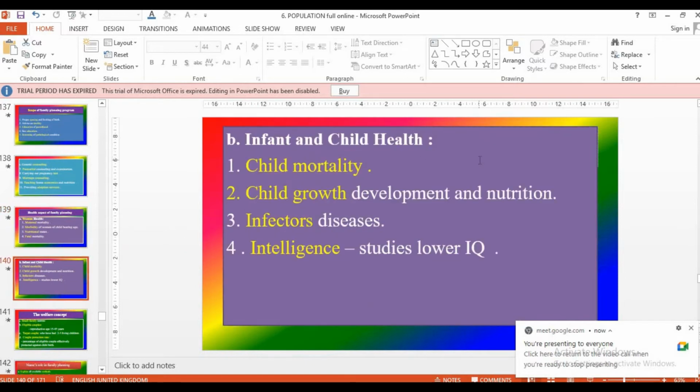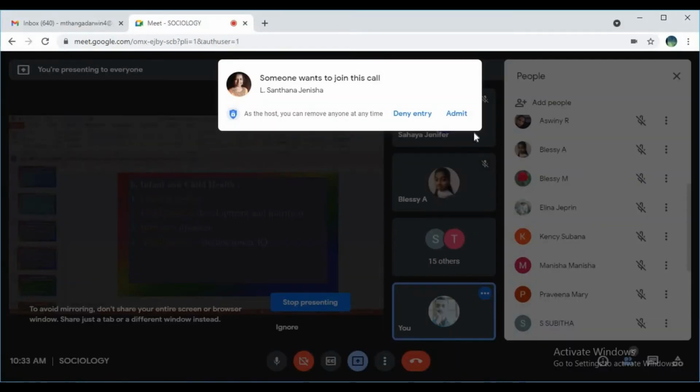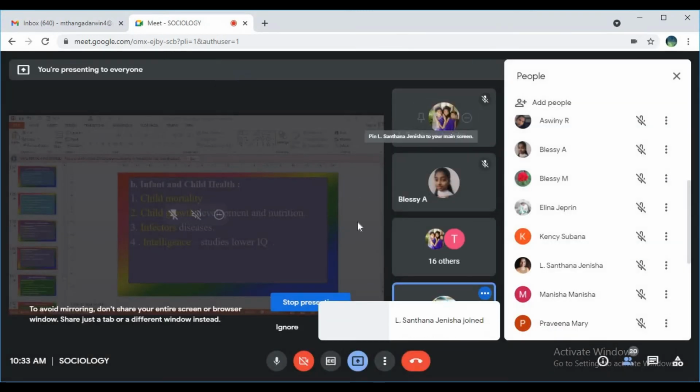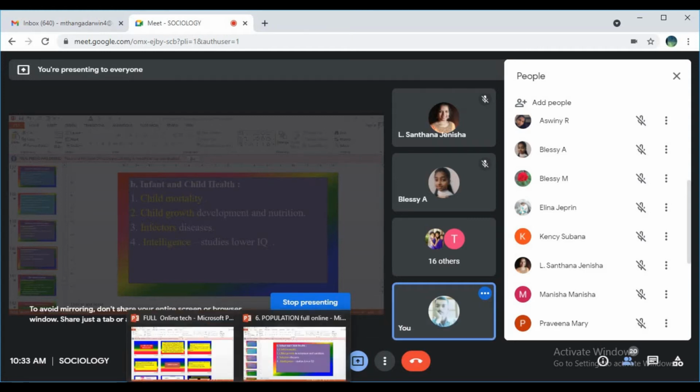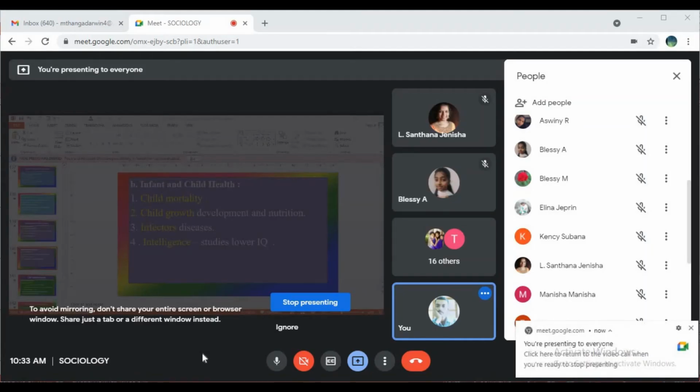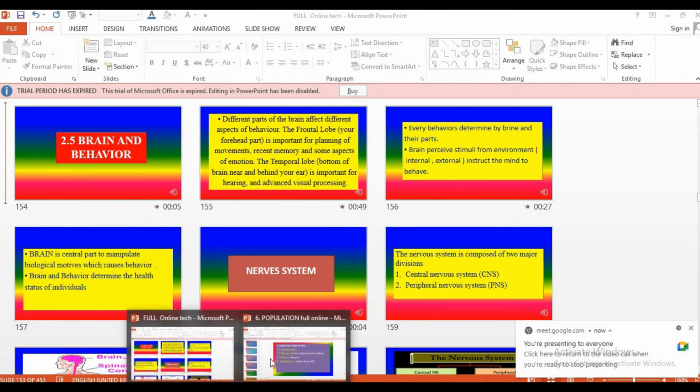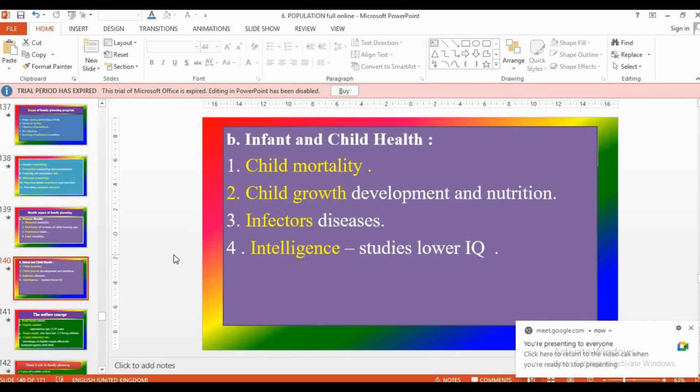B, infant mortality, infant and child health. Infant and child health is measured by child mortality, child growth and development, nutrition, infectious diseases, and intelligence.